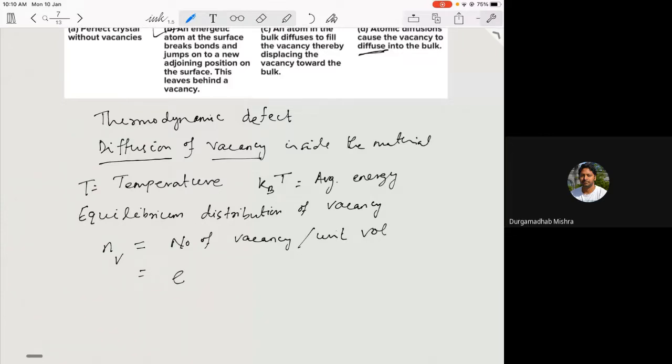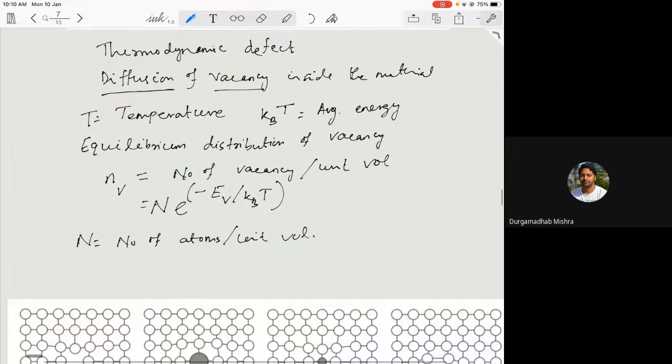So this number of vacancy per unit volume will be proportional to the term exponential minus EV by kBT, and it will be multiplied by N, which is this capital N, and capital N is actually the number of atoms per unit volume. And what is EV?